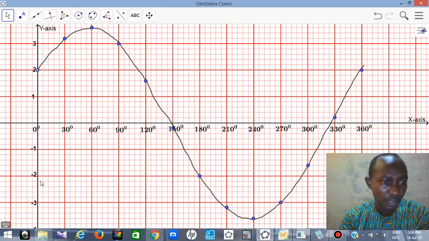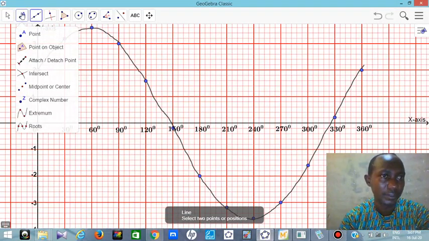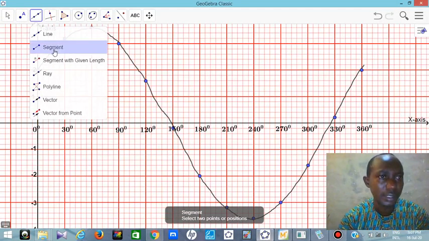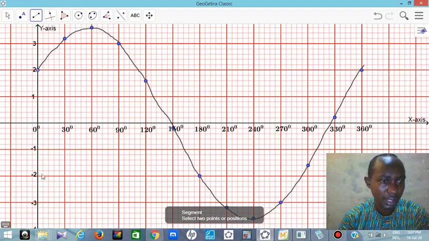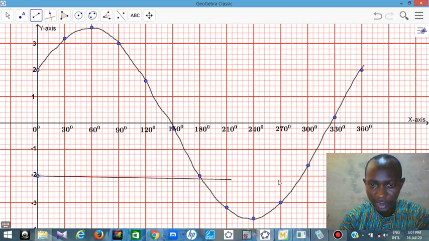So when y is minus 2, so this is minus 2, just get your straight line. Let me use a segment. Get a straight line from this point, minus 2, down. So you are looking for where the graph crosses these two axes, something like this.